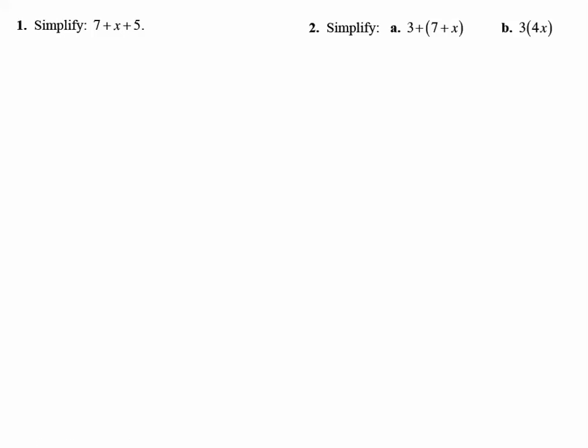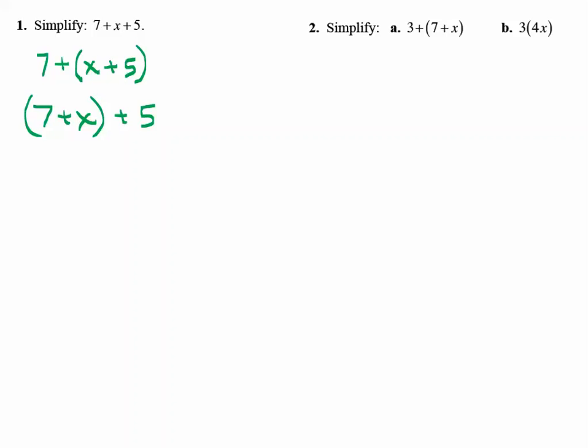If I were to use these properties, then what would happen? Let's just say my focus would be around the x and the 5. And what I'm trying to do is I'm trying to simplify this. What would happen next is I'm going to shift my focus from the x and the 5 to the 7 and the x.